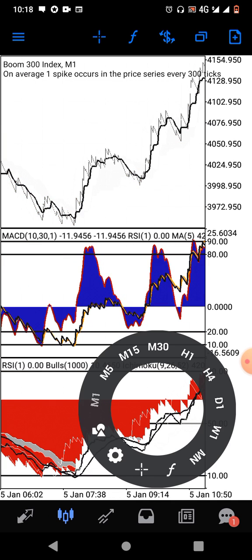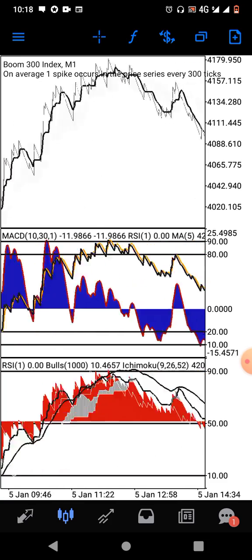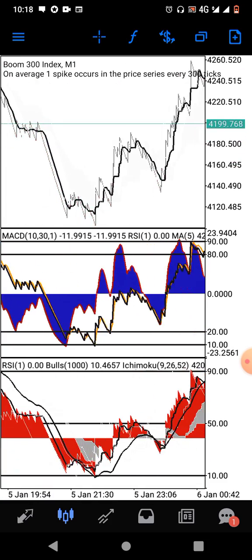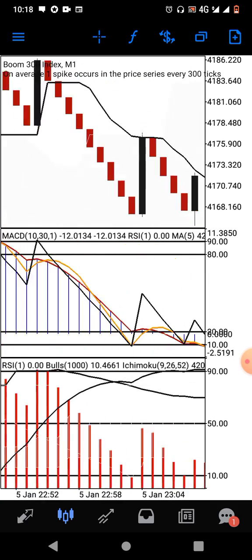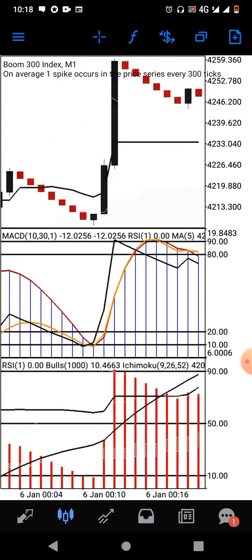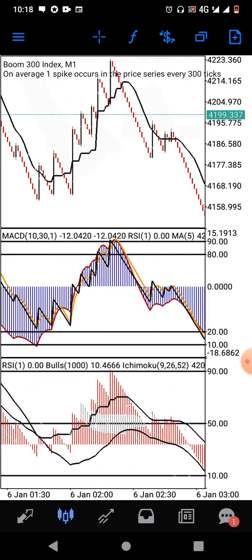You have to zoom in 3 times. We are using the third zoom level. So you zoom in 1, 2, and then 3. This is the third zoom level.